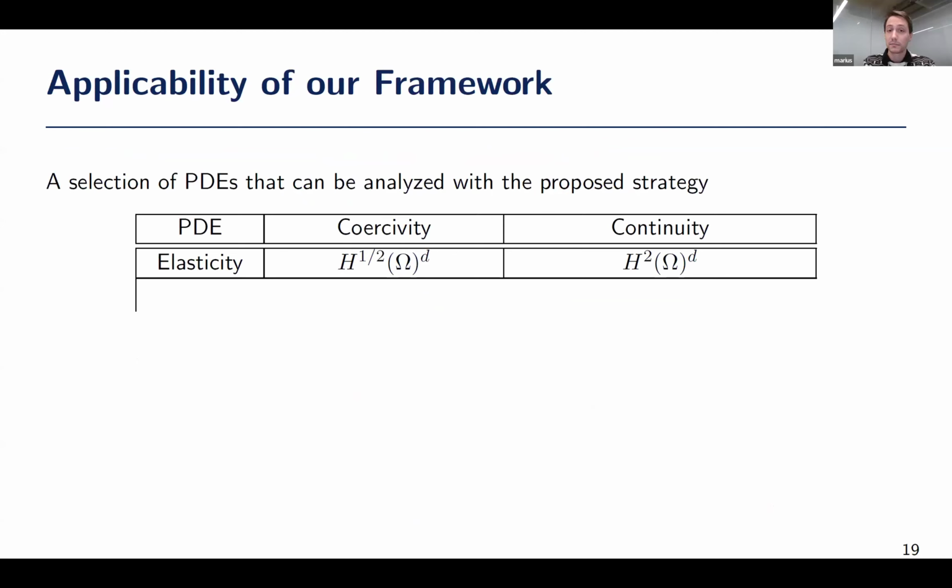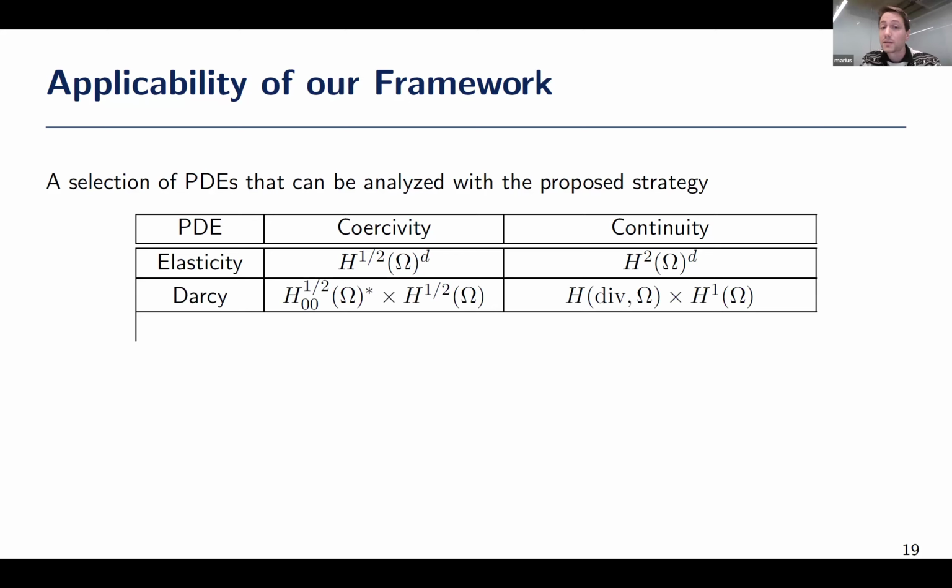And this proof strategy, luckily, works for quite a number of linear PDEs. So we've done this for elasticity, for Darcy's equation, where for the flux and pressure you get different spaces.